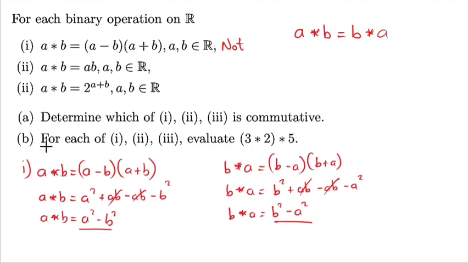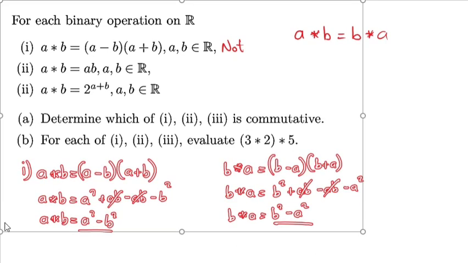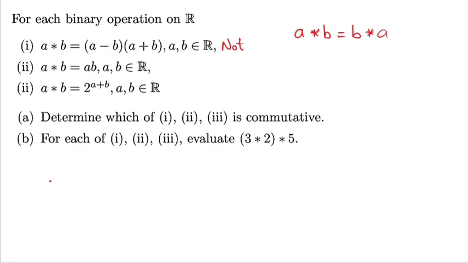Okay, let's test the second one. We'll do the same thing again. So part 2, we have A star B, which is equal to AB, and B star A, which is equal to the opposite, BA.